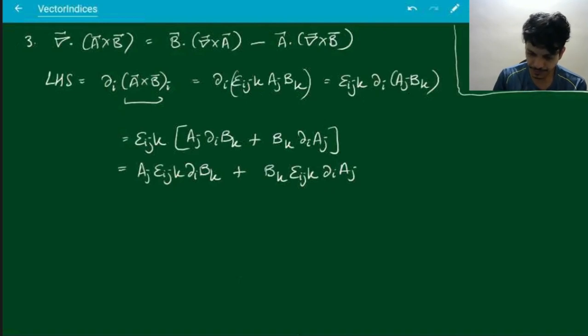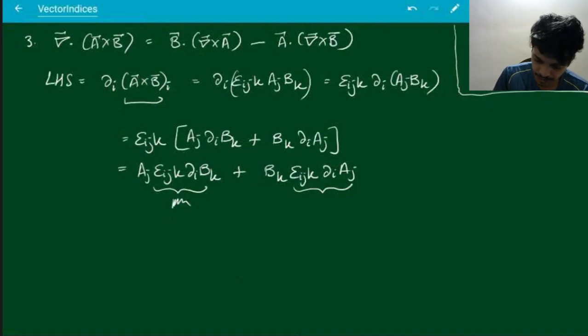Now there's a little bit of rearrangement. You can see that this is already starting to look like a cross product. This is also already starting to look like a cross product. So I'm going to rearrange the indices of the epsilon in such a way as to make this exactly a dot product. If I want this to be a dot product, so I have del i b k, then I should bring the j in front.